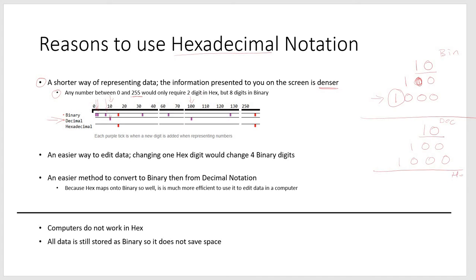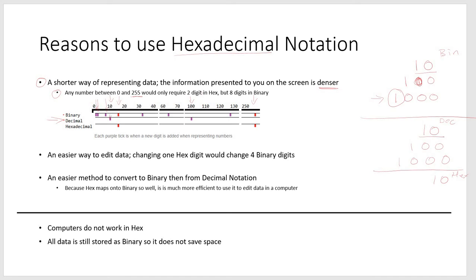Now looking at hex numbers, we can see that you would add an extra digit to the numbers once you are at 16. So this number in hex would mean 16. And the next time you add a third digit is when you are at 256.